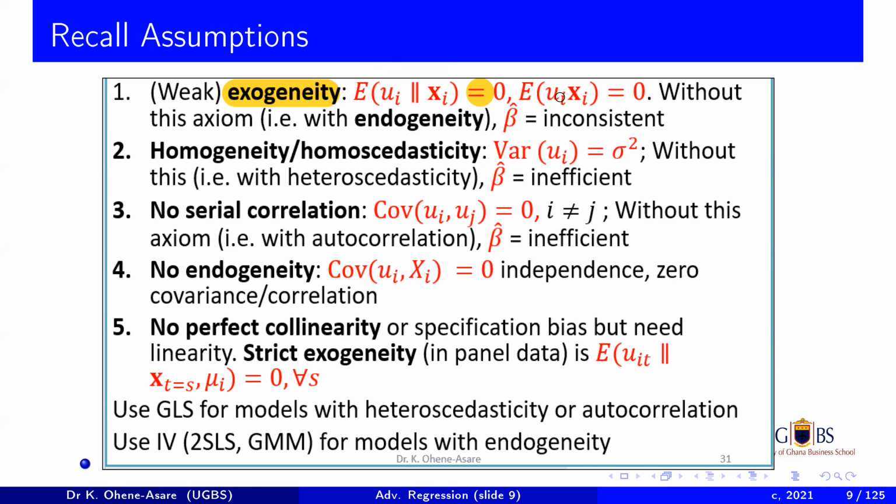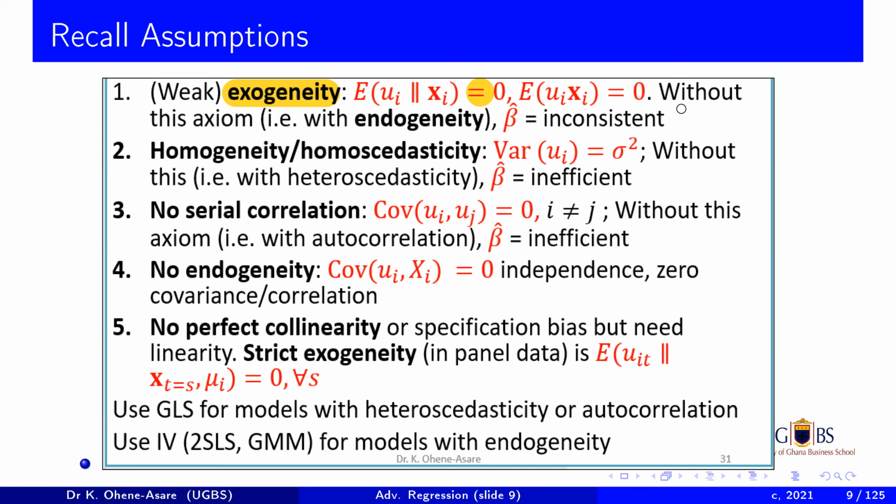That is weak exogeneity. Now, this is given the independent variables. Without this assumption, the beta parameter will be inconsistent. It will be unbiased, but it will be inconsistent as well. And please, if you want to check unbiasedness, check the other videos I have on the page.